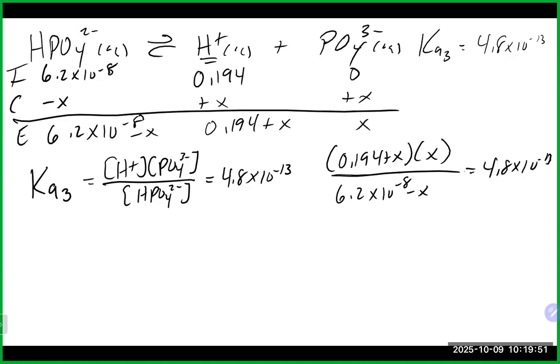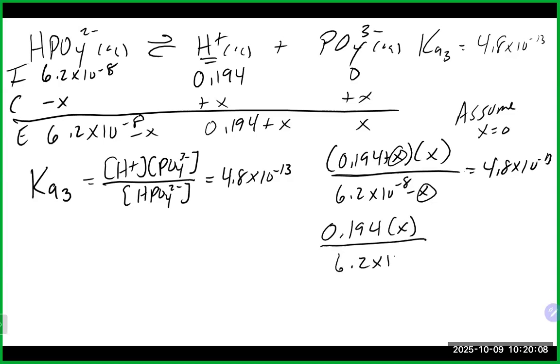We've been doing well on the assumptions, so why not go for the trifecta and hit the third one: X is equal to 0. Once again, we get rid of our pluses and minuses. That reduces this to 0.194 times X divided by 6.2 times 10 to the minus 8 equals 4.8 times 10 to the minus 13.